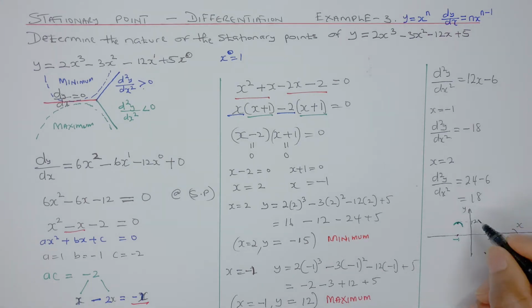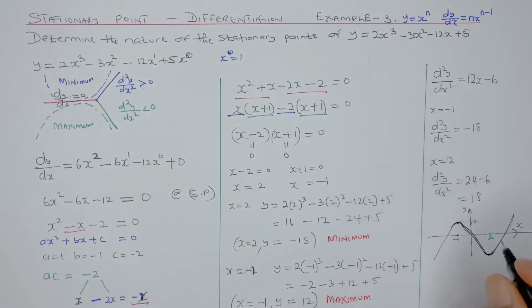The curve will come from the third quadrant, reach the turning point, and then go that way. So this is a sketch here. When x is 0, y is 5, so it'll be crossing here at 5. That's the y-intercept, 5.